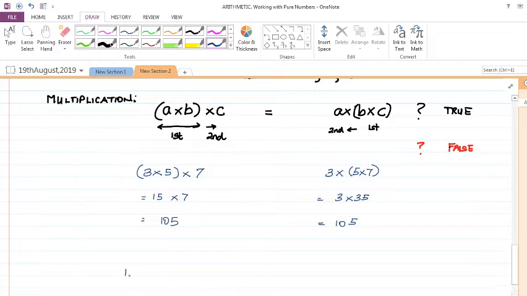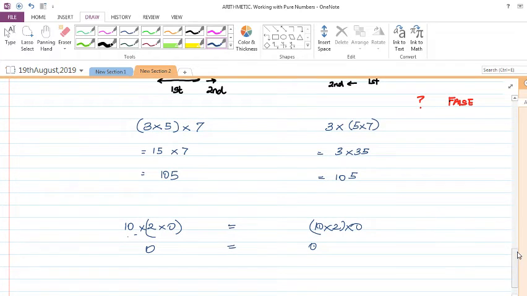For example, I could try 10 times 2 times 0. I can try 10 times 2 first, then multiply by 0. And the answer here will be 0 is equal to 0. So it works here.